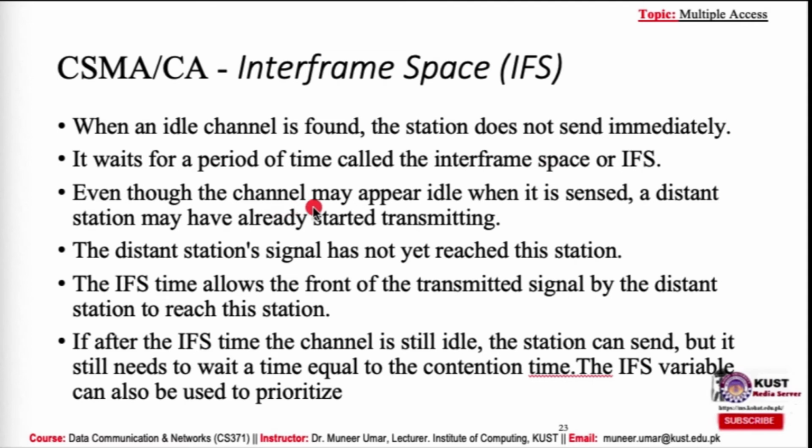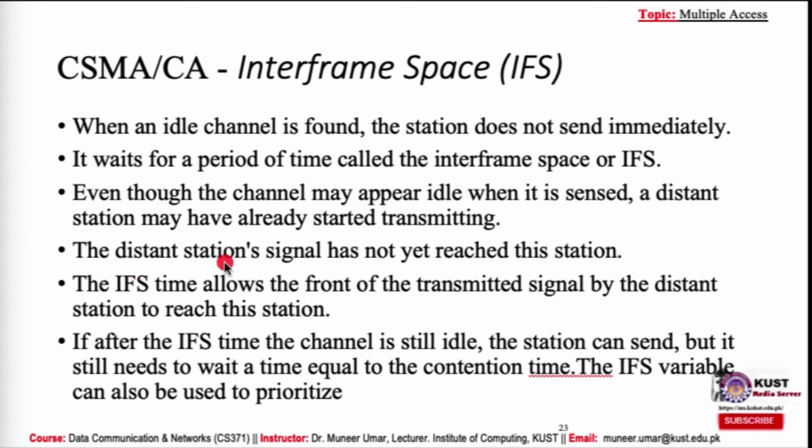Even though the channel may appear idle when it is sensed, a distant station may have already started transmission. We have seen this in the previous figure, where two nodes started transmission at almost the same time. Actually, both sensed the medium at the same time and they immediately started their transmission.